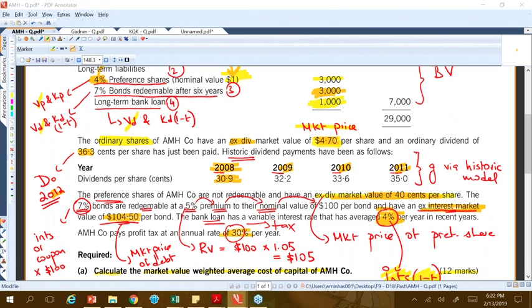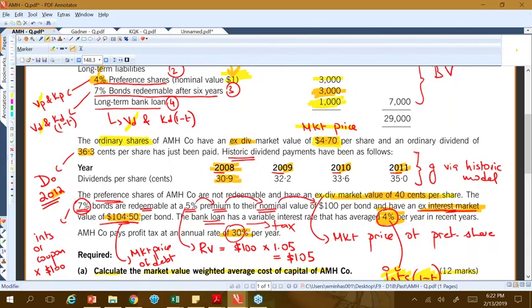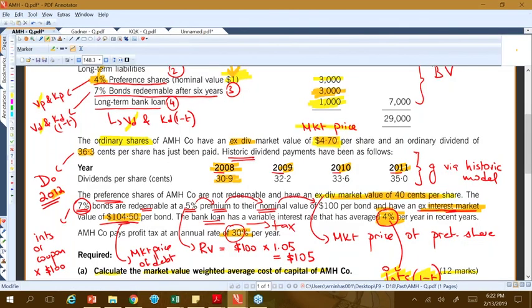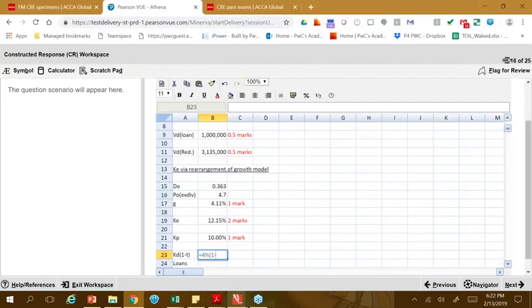So KD is interest times 1 minus T. We're working on the loans, so 4% into 1 minus the tax.